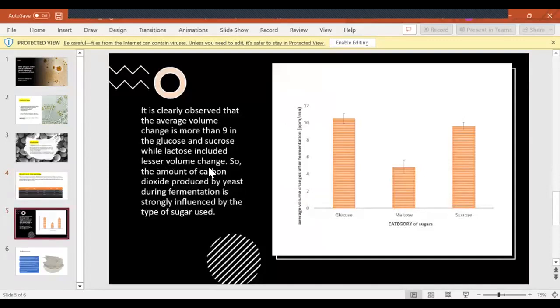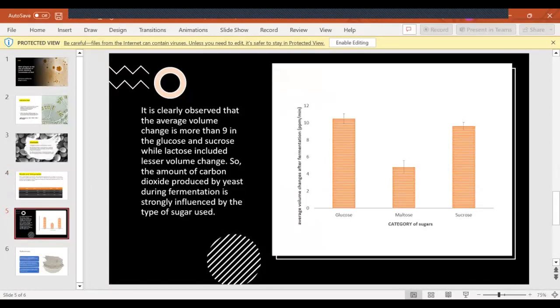Okay, so let's move towards the graph, the figure which we have made in order to explain how glucose has impacted the change in the volume after fermentation, as well as maltose and sucrose. Firstly, we can see in the figure that glucose has changed the volume by more than 9, as well as sucrose.